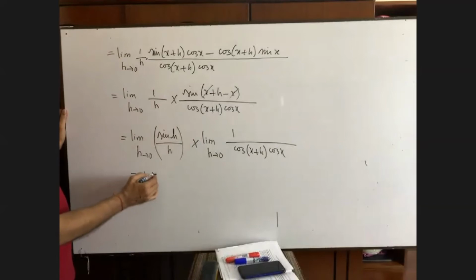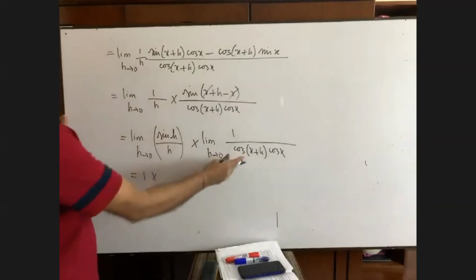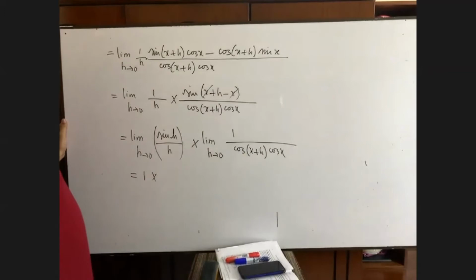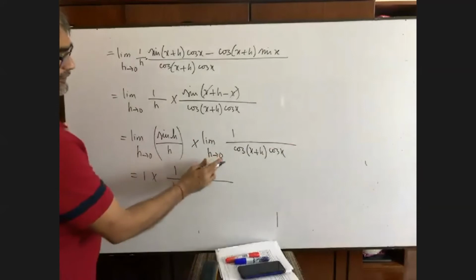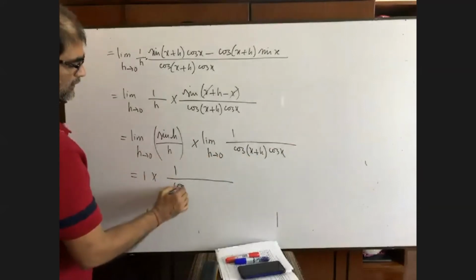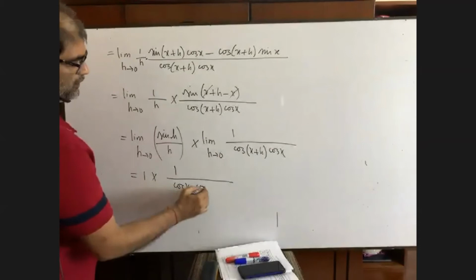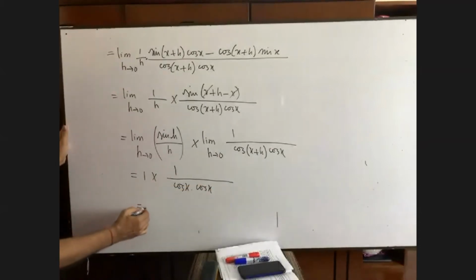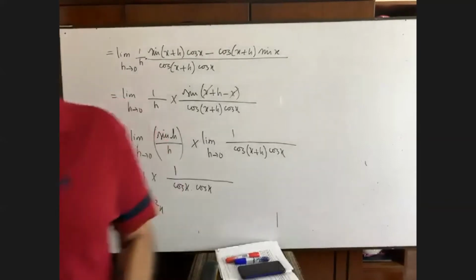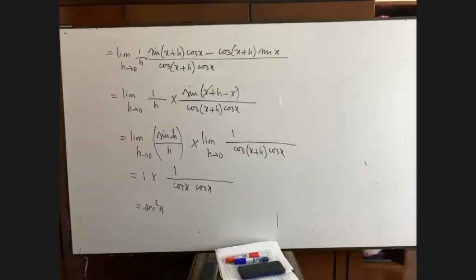It is 1, and as it is cosine, we can put the value because cosine 0 is not 0. So we are left with 1 by cos x into cos x. That means 1 by cos square x, that is sec square x. So differentiation of tan x is sec square x. From now onward, if we see anywhere d by dx tan x, then we can write it is equal to sec square x.